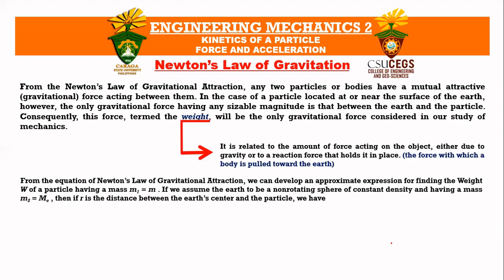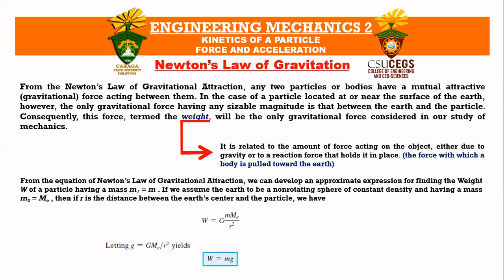If we assume the Earth to be a non-rotating sphere of constant density, because we all know that the Earth is rotating about its axis and also revolving around the sun, and having a mass m2, which is equal to Me, then if r is the distance between the Earth's center and the particle, we have the equation. This equation is based on Newton's law of gravitational attraction.